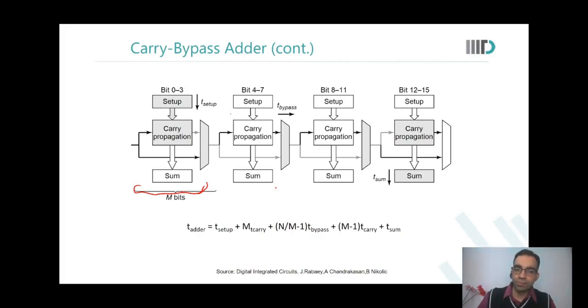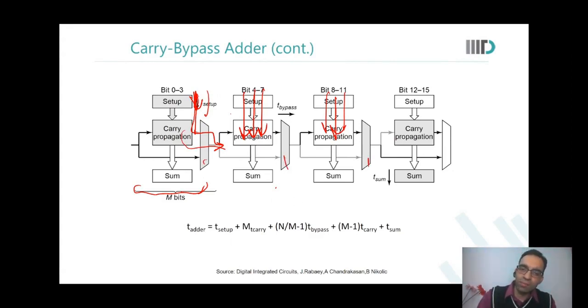Hello? Yes, sir. So if you have a set of inputs coming from here, while this is being evaluated, this part of the data would have already been ready. Yes, sir. Similarly, here things would already be ready. So when you want to find the total delay, what are you looking at? Setup delay plus carry generation delay plus the number of these that will be there, n by m minus 1.